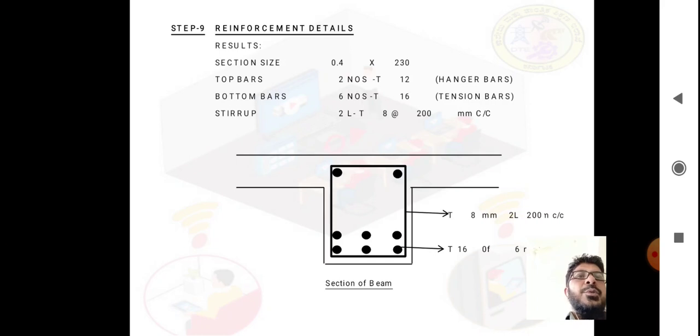This 0.4 is the overall depth including the thickness of the flange. Then top bars we have to take as 2 numbers of 12 mm diameter as hanger bars. Then bottom bars 6 numbers of 16 mm diameter bars, and we have provided 2-legged 8 mm diameter stirrups at 200 mm center to center. So this was the section of the T beam you have to provide like this.